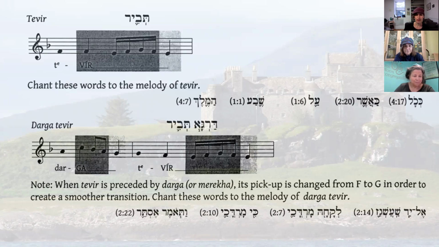And as you may have been reading, to make this transition when it's preceded by dargah, the first pickup note is G. But if it's by itself, as it is up here, tevir, then it's a double F. You either did it naturally this way or read that, but that's how it works. Because even this wacky trope does have some interest in preserving musical continuity and smoothness. I don't know why I did it that way. It just felt right.